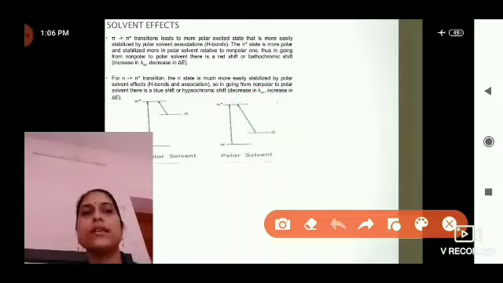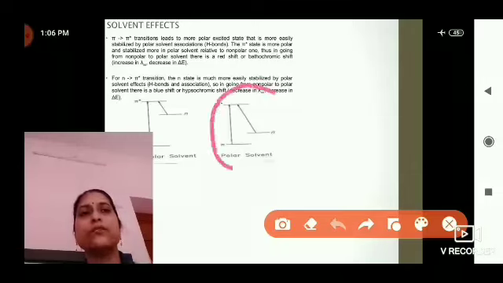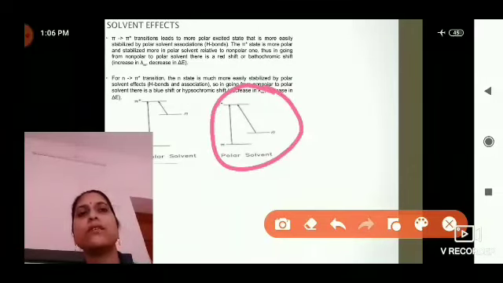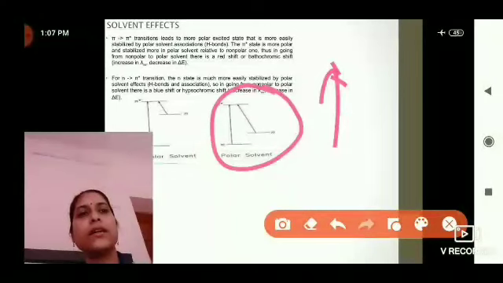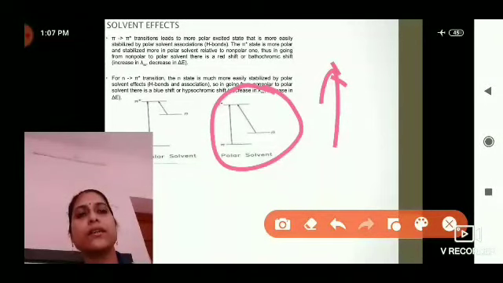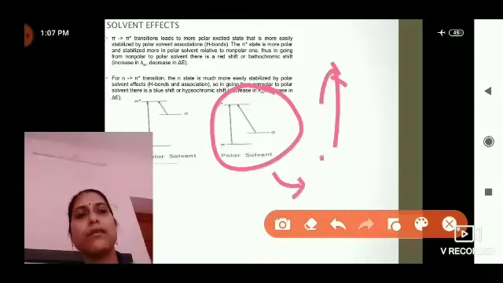So in case of pi to pi star transition, protic solvent causes an increment in wavelength, and aprotic solvent causes a reduction in wavelength.